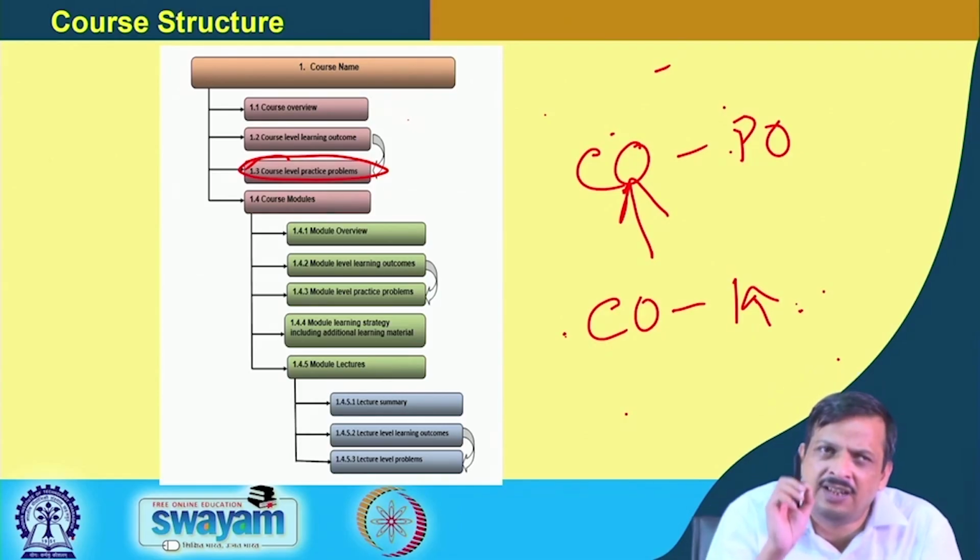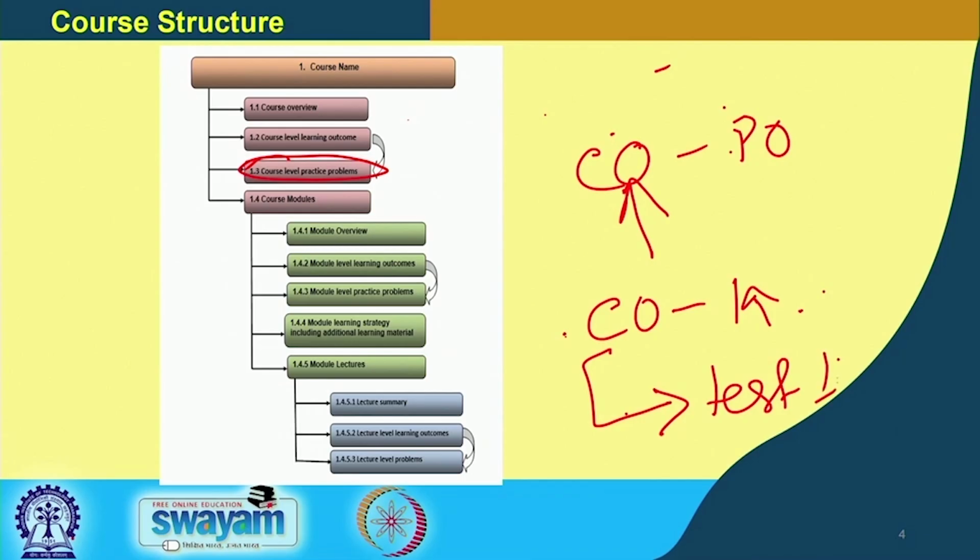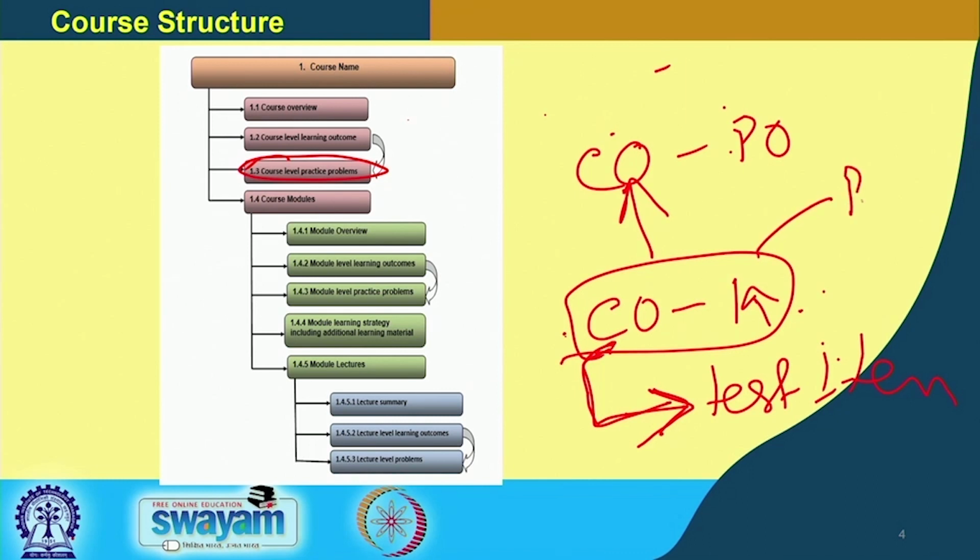So every CO must be associated with a problem, which we call a test item or course level practice problem. So the CO is related to a course level practice problem or test item. If this is my CO1, it must be linked with a problem by which a student can say, if I am able to solve this problem, I achieve CO1.